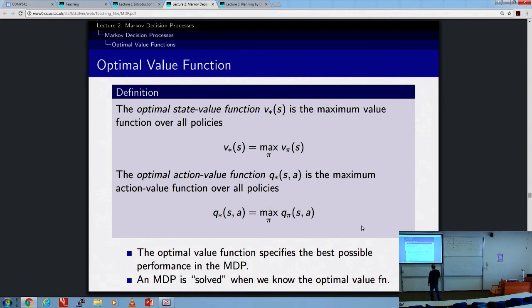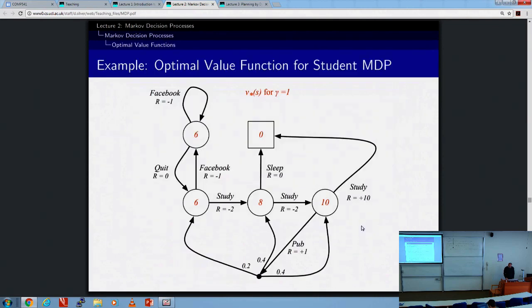And I can also define a Q star, the optimal action value function, as again the maximum over all possible policies of Q. So this is the best possible performance in the MDP, and our goal is to figure out what these optimal functions are.